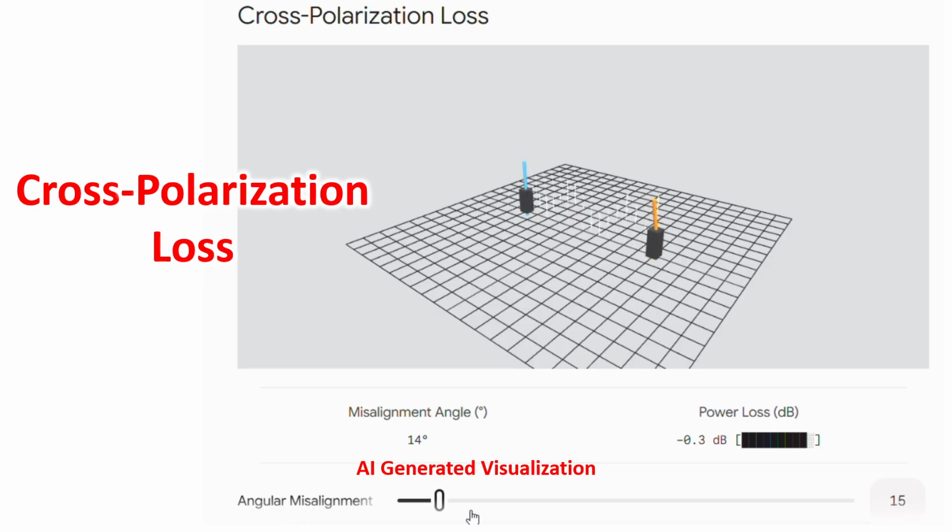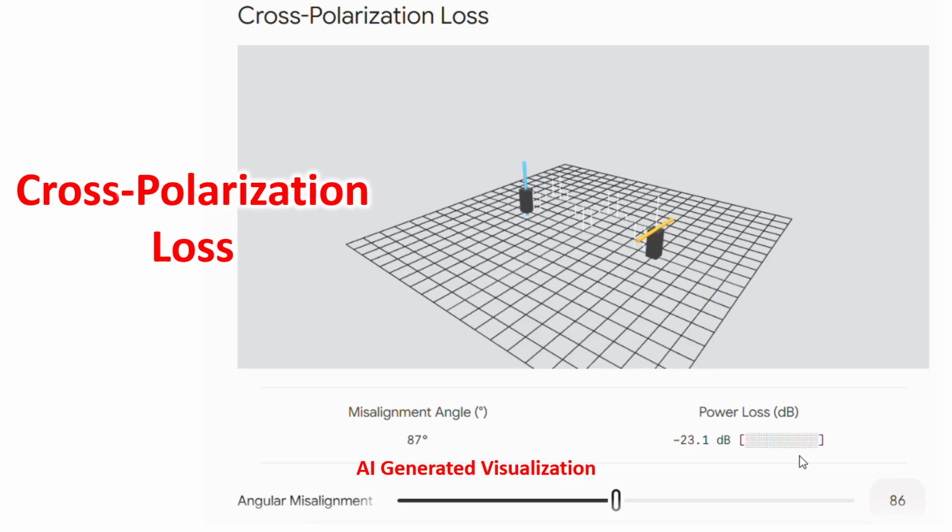Now the angle is 38 degrees and the loss is minus 2.2 decibels. The visualizations are seen here. The transmitting antenna and the receiving antenna are getting cross polarized gradually. Now it is 87 degrees, almost perpendicular to each other, minus 23.1 decibels.